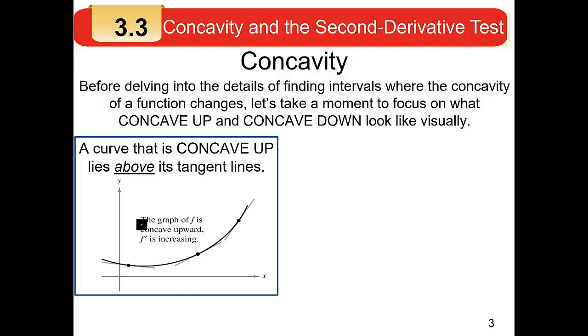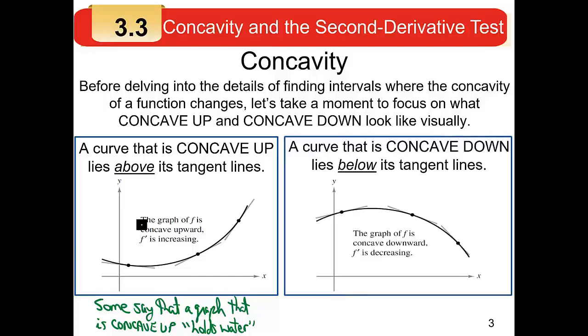The graph is concave up if it lies above its tangent lines, or another way to say that is that the tangent lines lie below the curve. That's a region where the function is concave up. Some people say it this way: over an interval where a function is concave up, it holds water. And you can sort of see what they're talking about there.